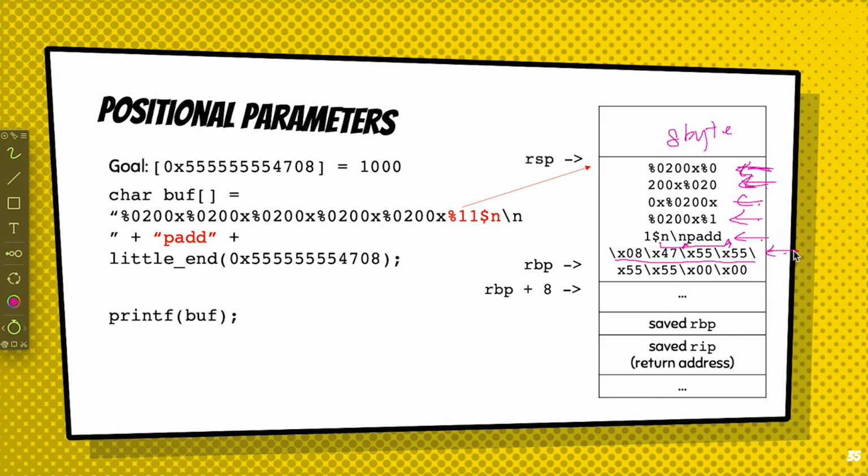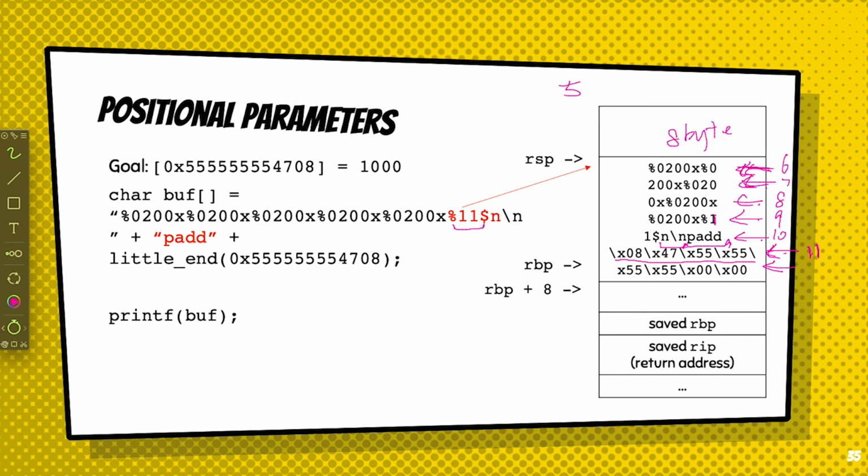This is going to be the 6th argument in the stack. Remember that before that, we already have 5 arguments stored in registers. So for the format string, this is going to be the 6th one. So this is 6, 7, 8, 9, 10, 11. Now we know that the pointer is going to be the 11th argument. That's why I put 11 over here.